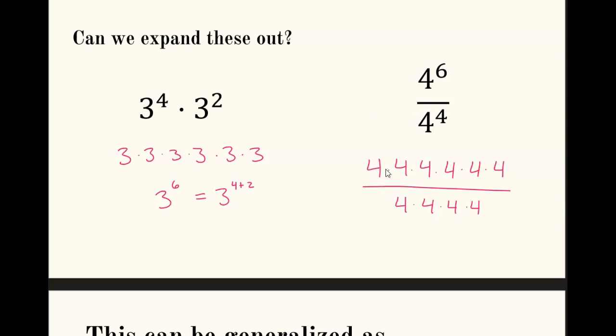We can cancel these 4s. So let's cancel these out in pairs. There's 1, 2, 3, 4, and we're left with 2 4s on top. So this is going to be 4 squared, right? That's our simplified expression. And this happens to be 4 to the 6 minus 4.